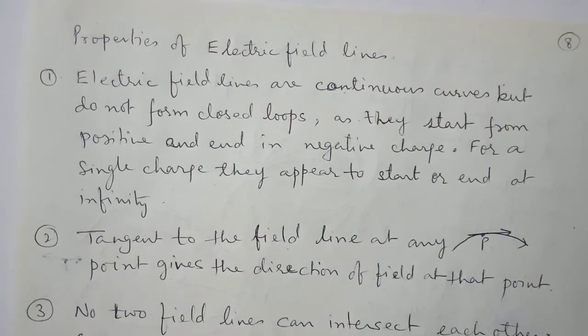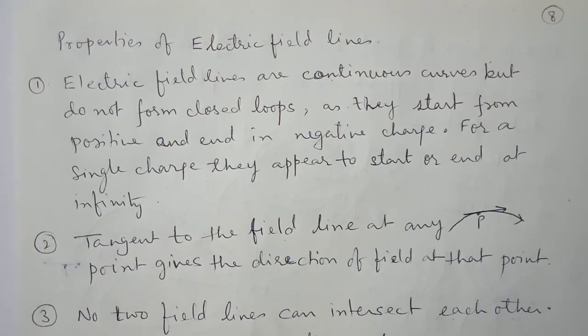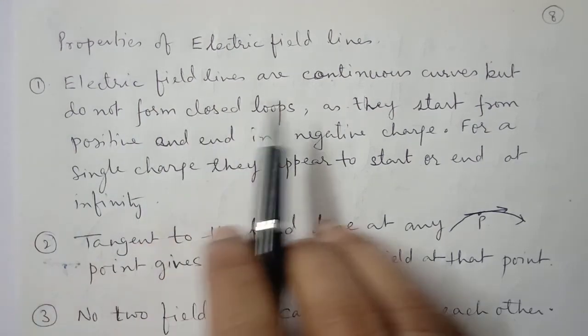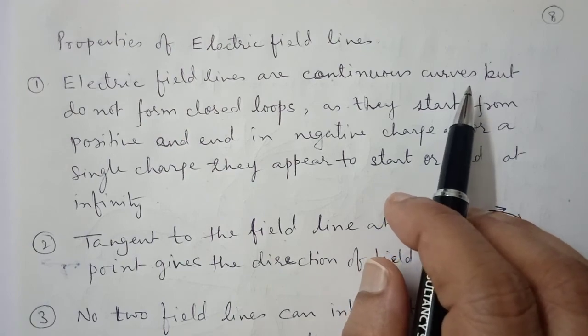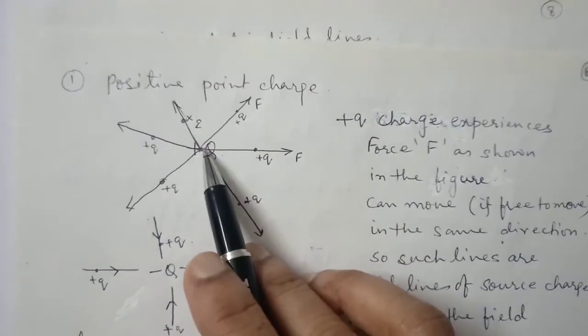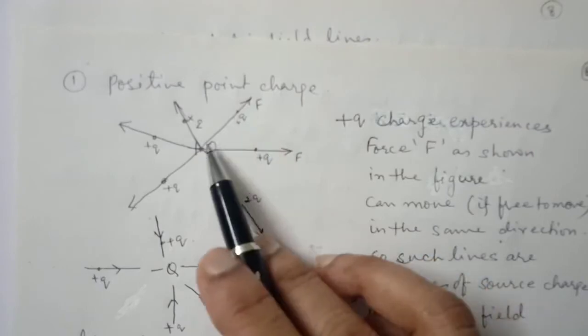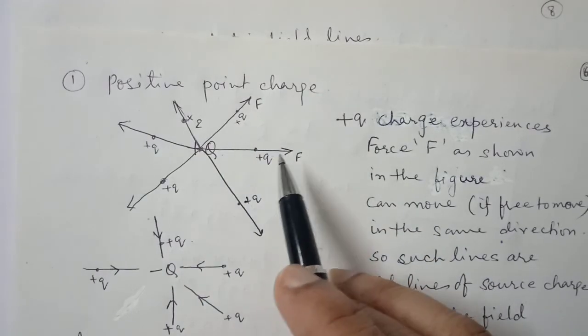So now let me go ahead with the properties of the electric field lines. Electric field lines are continuous curves. Whether I show this case as straight lines, it is continuous.